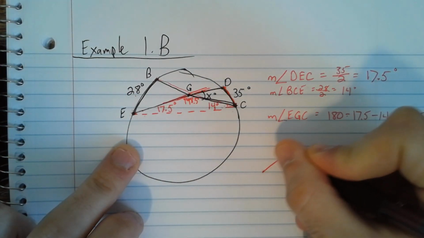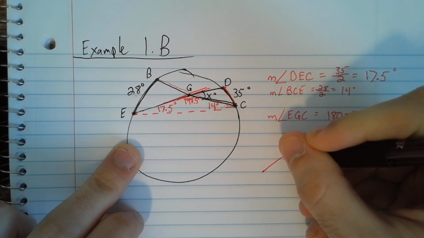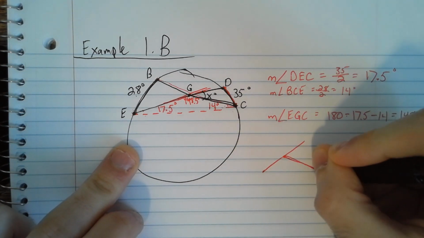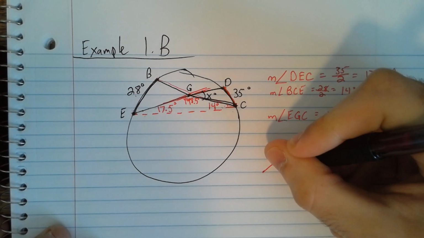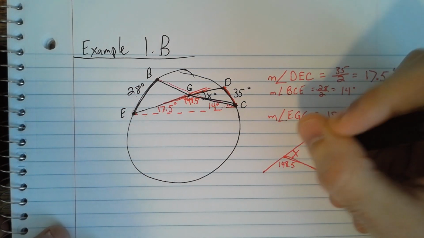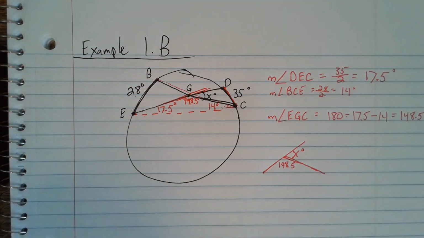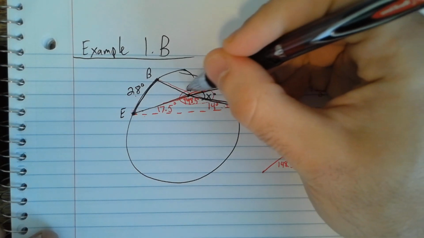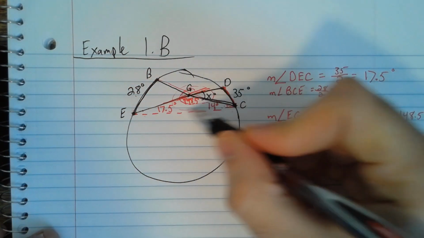So we have a straight line, and it's being intersected like this. We know that this is 148.5, and we're trying to find this x. Imagine me taking a magnifying glass and magnifying this little piece right here.